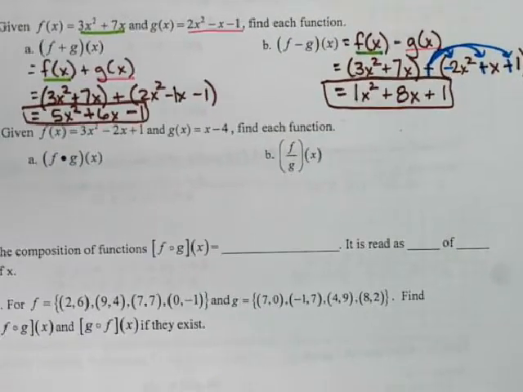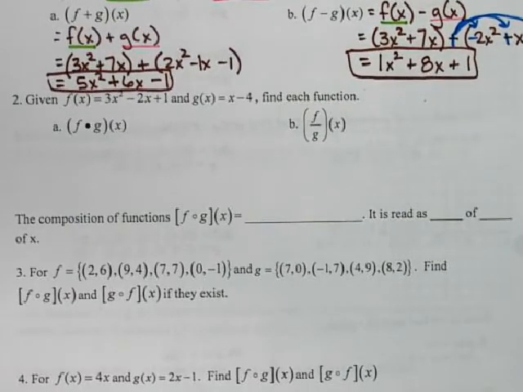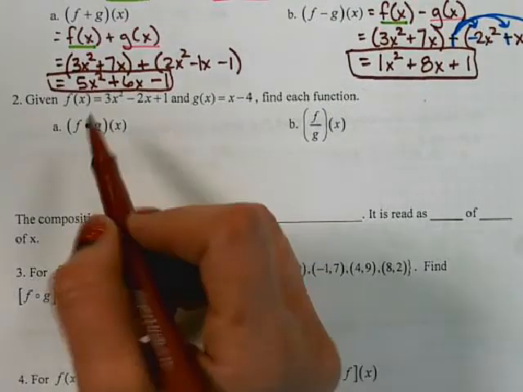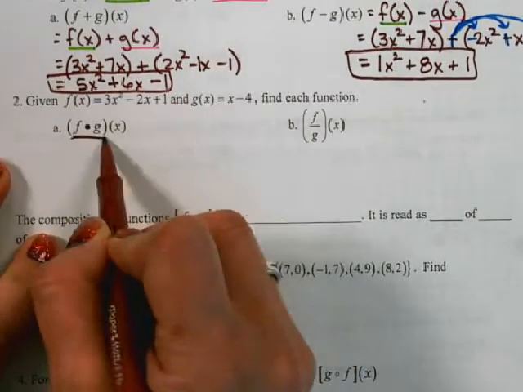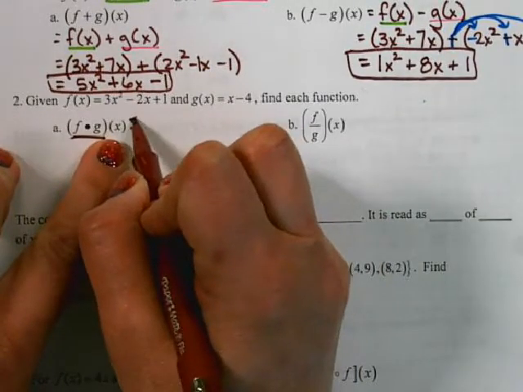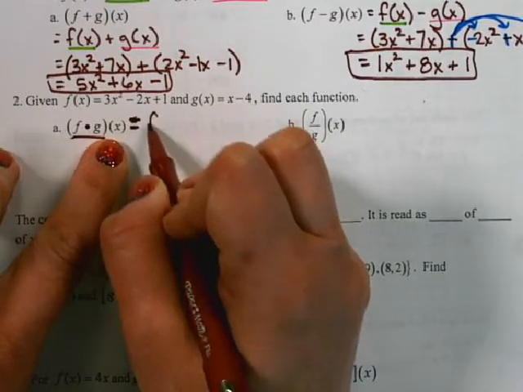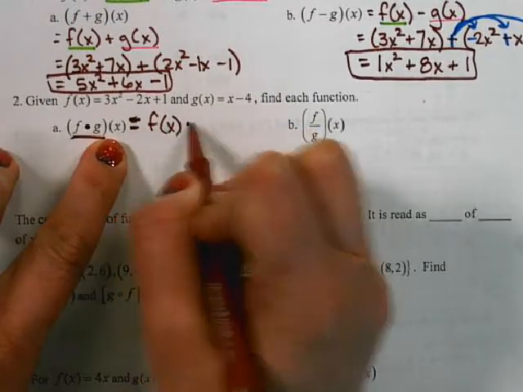Okay, number 2 says f of x equals 3x squared minus 2x plus 1, and g of x now equals x minus 4. Find each one. So this one says I'm going to multiply them. So f of x times g of x.